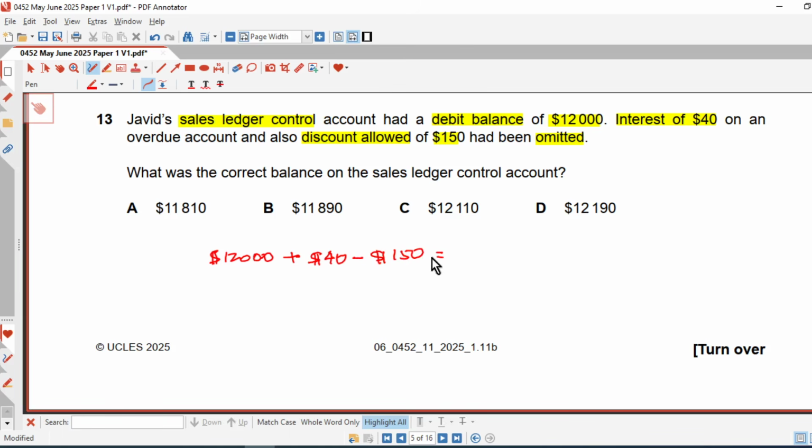So let's grab a calculator and press some buttons to get to my answer of $11,890. That would be the final corrected balance on the sales ledger control.